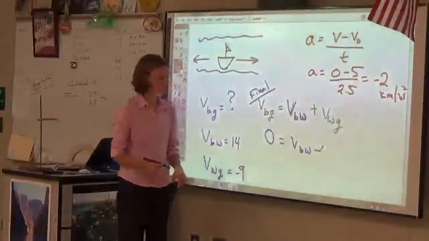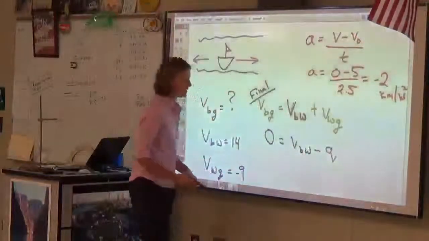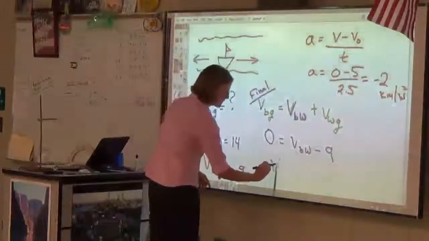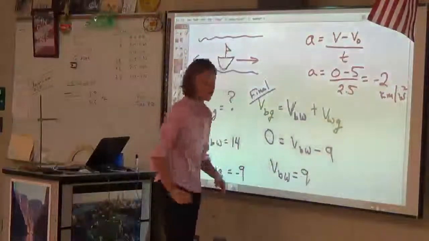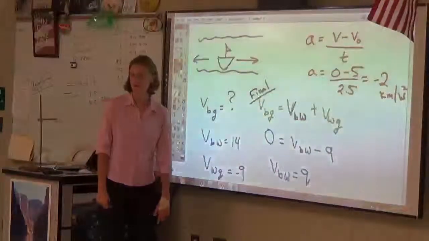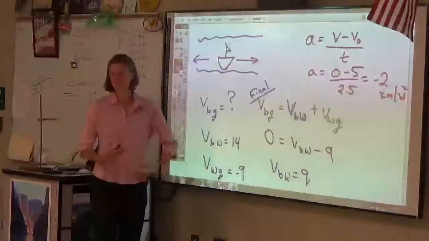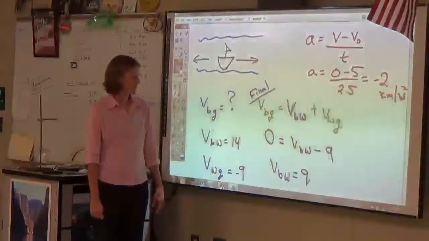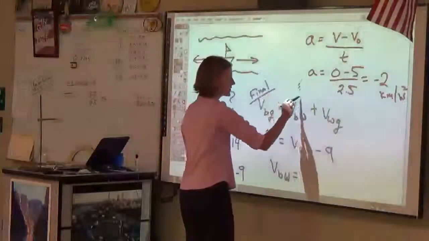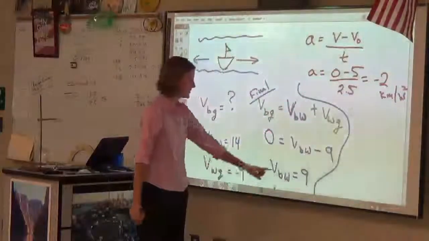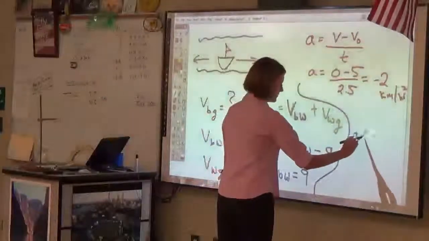It doesn't change, so that's just negative 9. So the velocity of the boat relative to the water would be 9. Like the water thinks it's still and the boat's moving at 9, although it's vice versa. So to do the same acceleration equation, but with a different reference frame, with everything relative to the water, the final is 9.